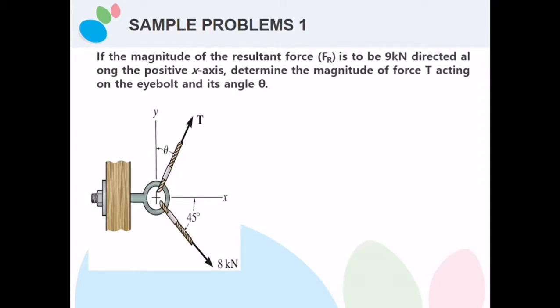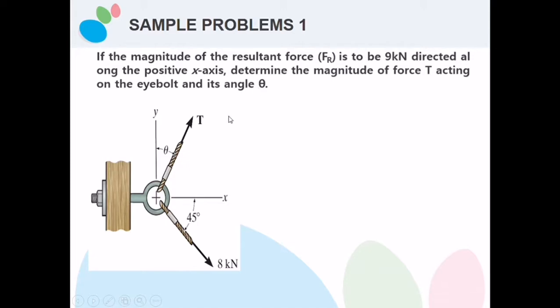Our first sample problem states that the magnitude of the resultant force, or F sub R, is to be 9,000 Newton or 9 kilonewton directed along the positive x-axis. Determine the magnitude of the force T acting on the eyeball and its angle theta.